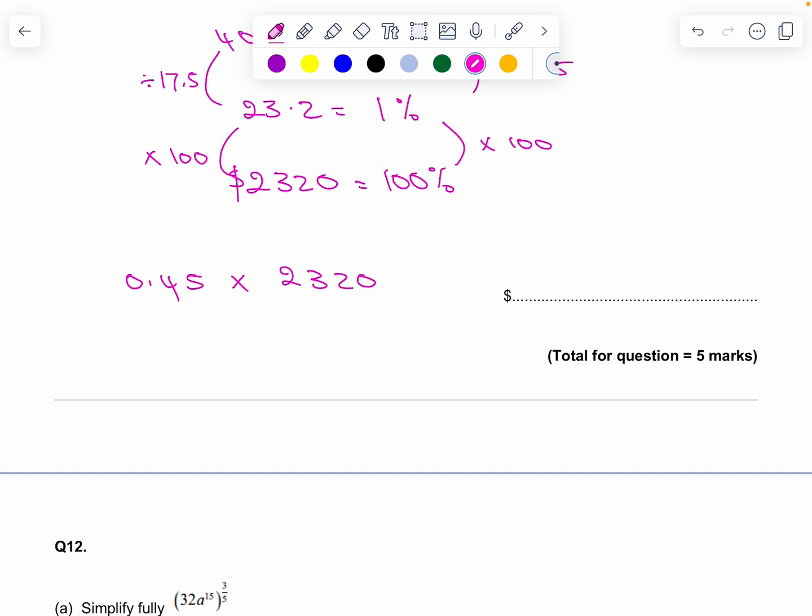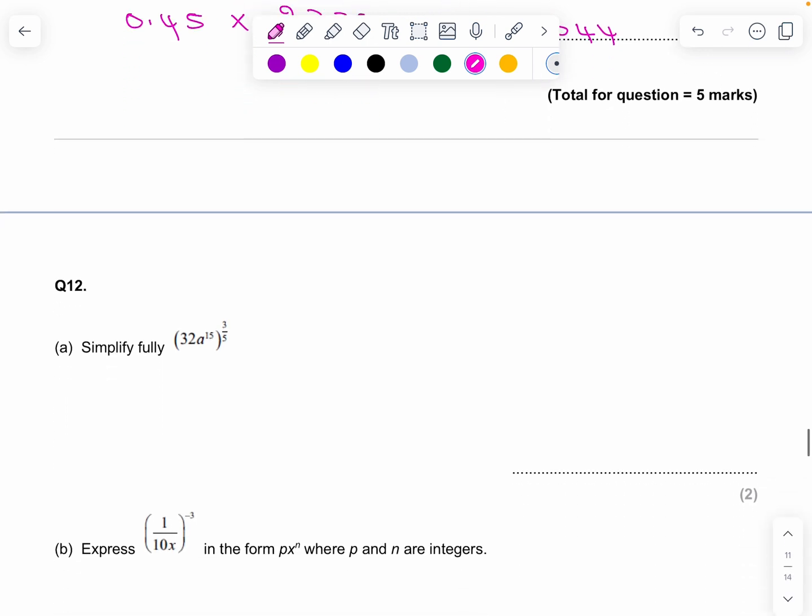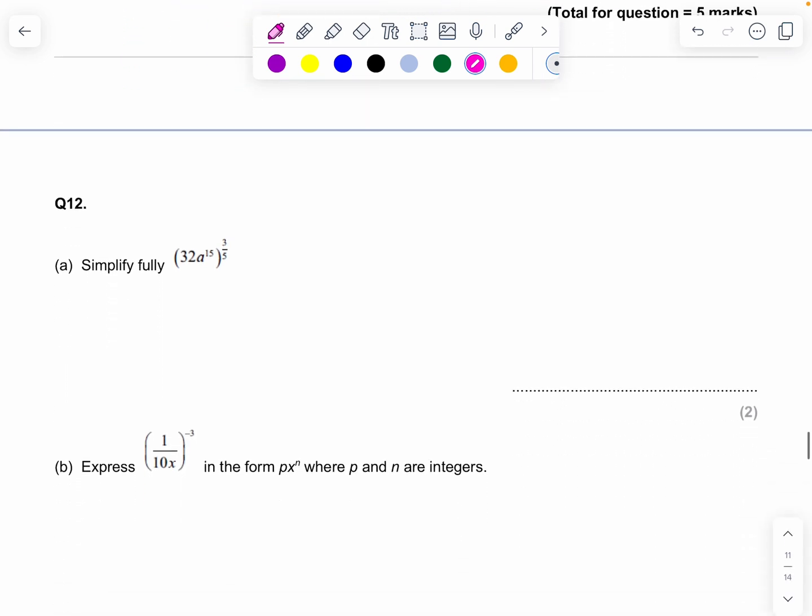And we can just type that into our calculator. So 0.45 times 2,320, and that gives me $1,044. Okay. Please ask if you're not sure about that. It was quite a long question.